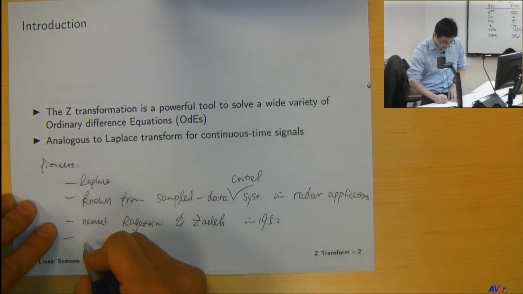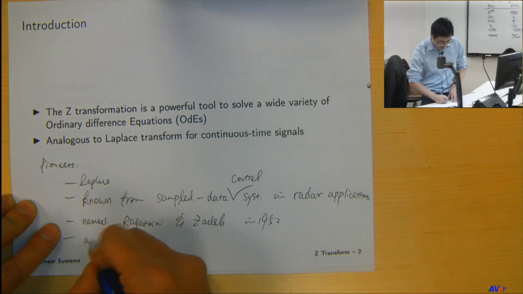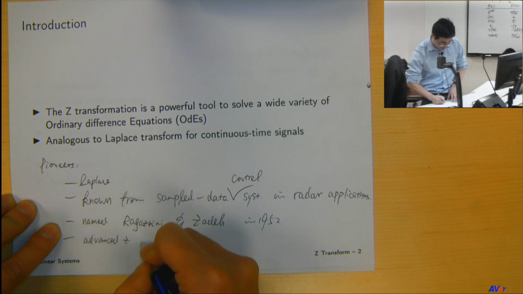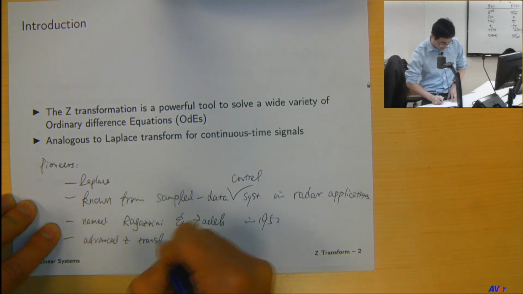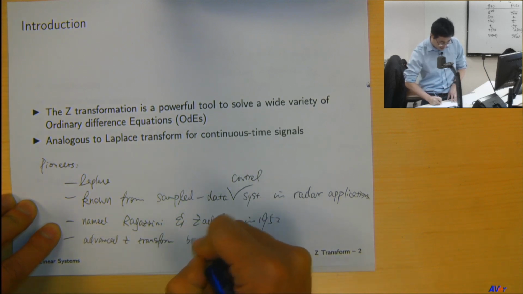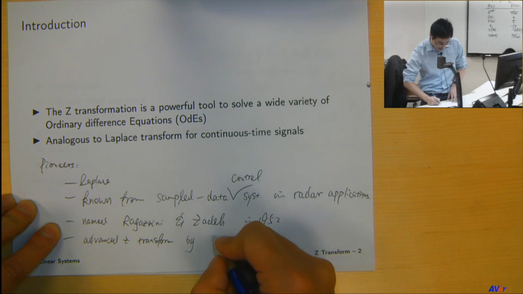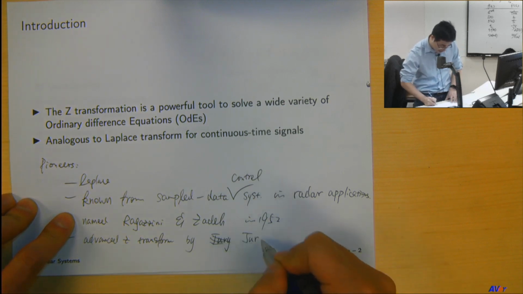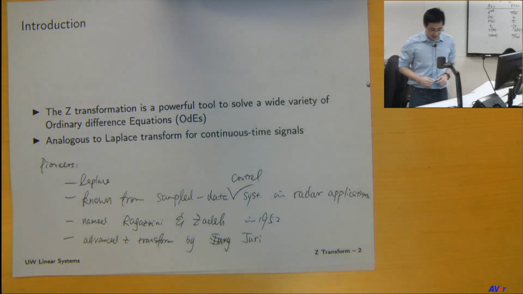Another important pioneer, for the advanced Z transform, is a professor named Jury, J-U-R-Y.